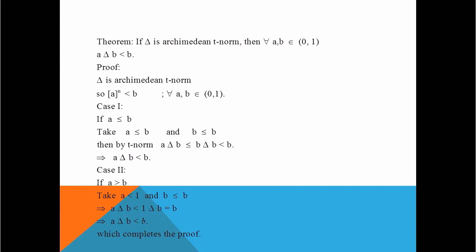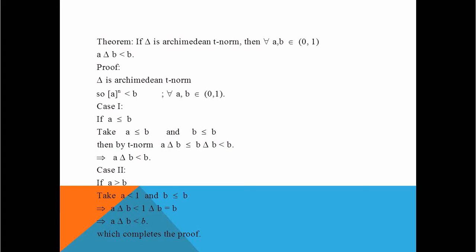Since we know the definition of the Archimedean T-norm and we also know the convex T-norms, now in this way we can prove this theorem as well. This theorem shows that if delta is an Archimedean T-norm, then for all a, b belonging to (0,1), a delta b is less than b.